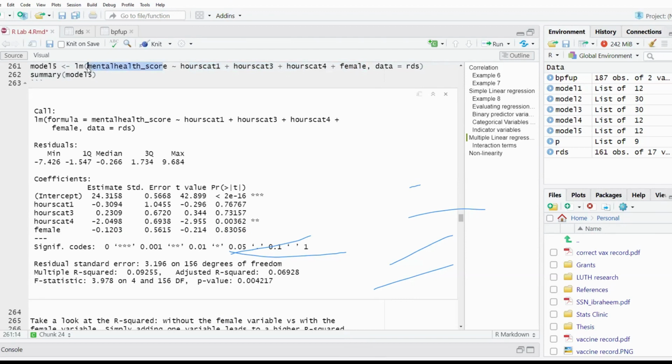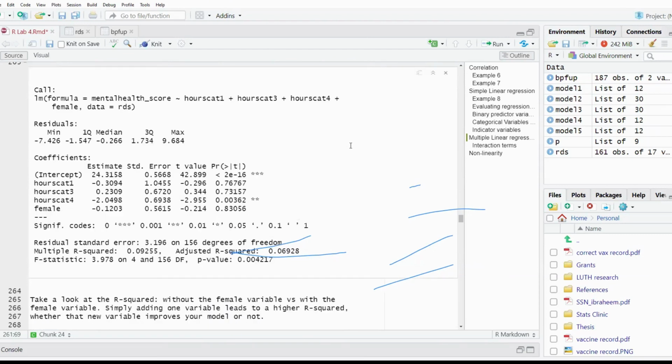That means it could also explain the relationship that you see here. It might be that all the effect of mental health score that you're seeing through hours worked is actually because of gender. Somebody might say it's gender that's really driving the relationship. So you adjust for it.